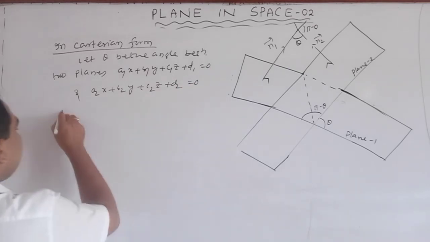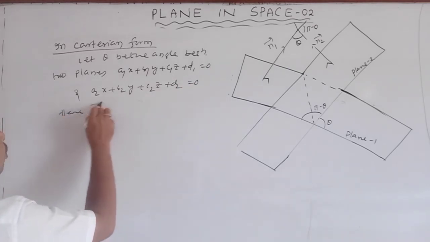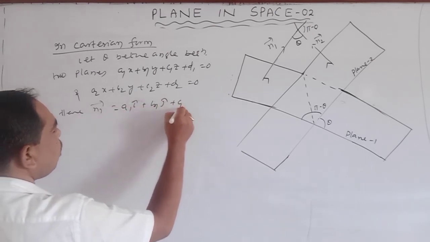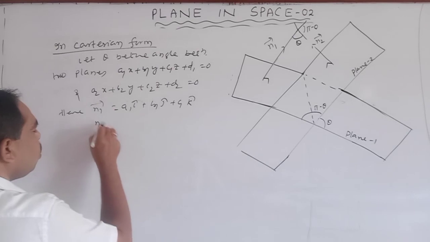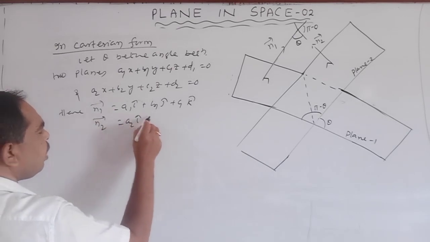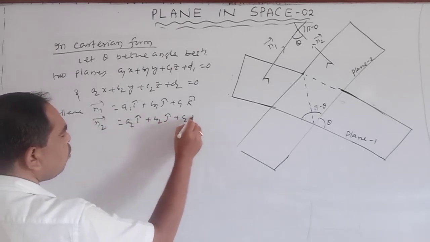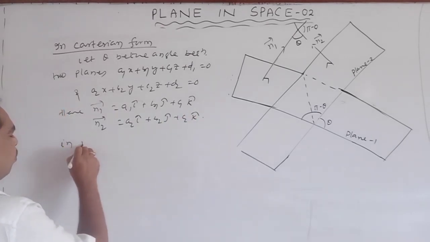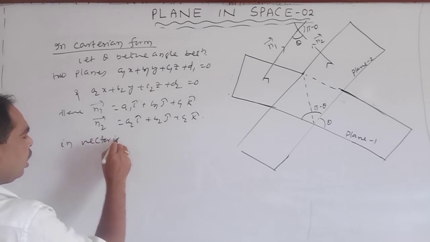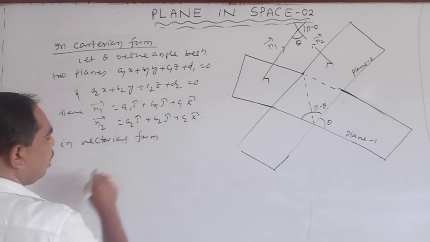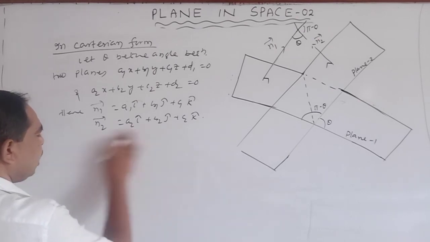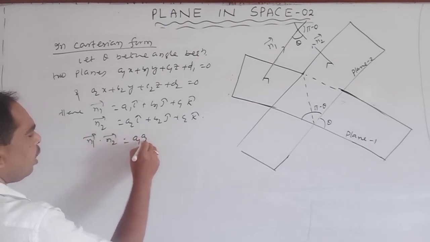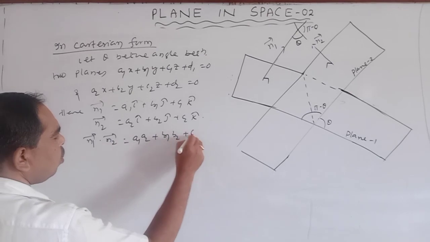So here n1 vector means a1 i cap plus b1 j cap plus c1 k cap. n2 vector means a2 i cap plus b2 j cap plus c2 k cap. So in vectorial form, n1 vector dot n2 vector will be a1 a2 plus b1 b2 plus c1 c2.